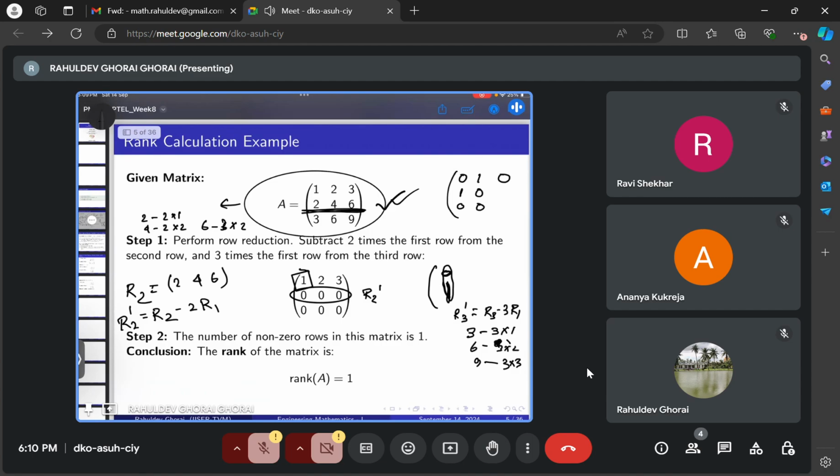After reducing to that, the number of non-zero rows, not columns, number of rows, is the rank of the matrix. So here the rank of this matrix is 1.